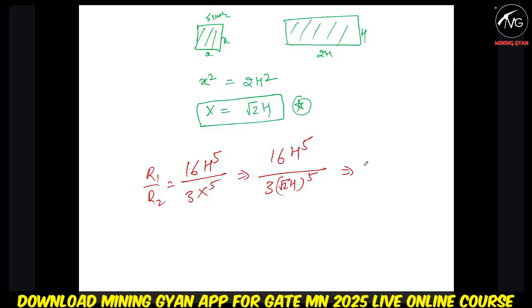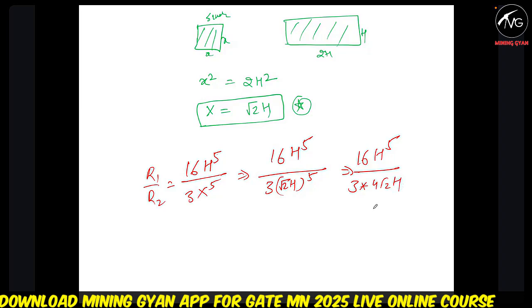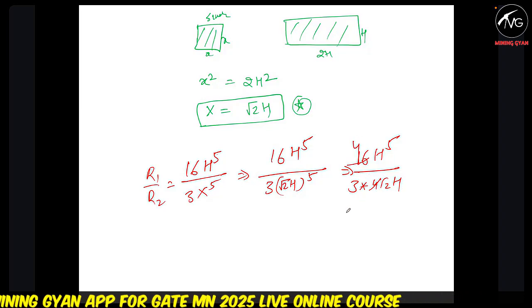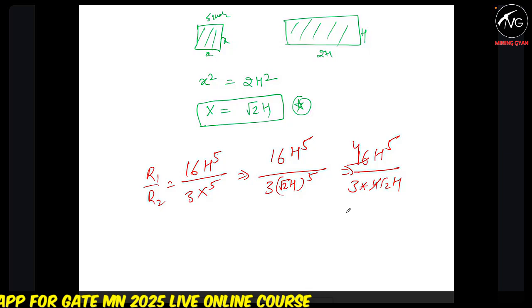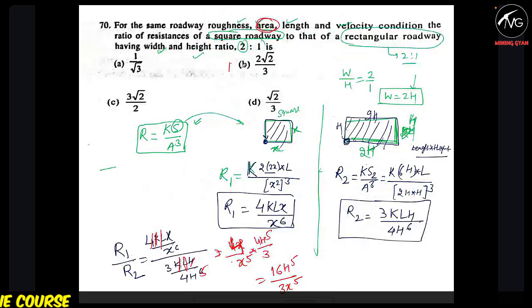So 16h^5 divided by 3 into 4 root 2 h. So 4, so it will be 2 root 2 divided by 3, h^5 divided. So the answer will be 2 root 2 by 3.